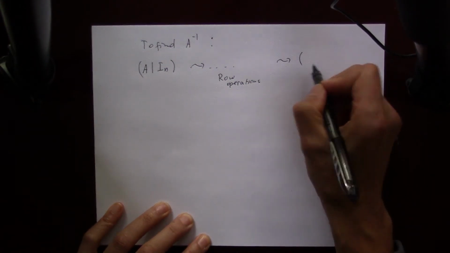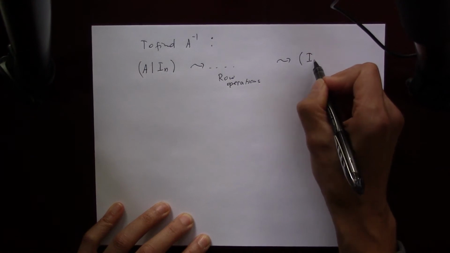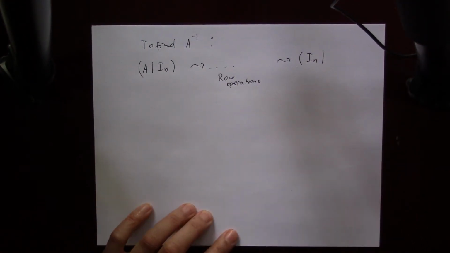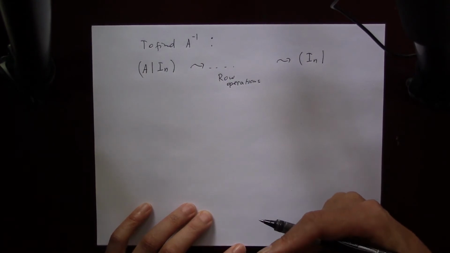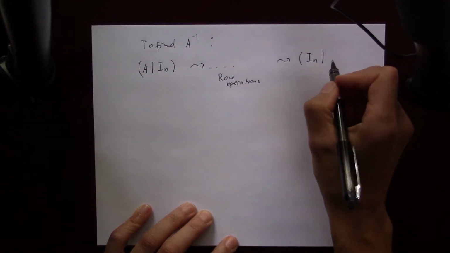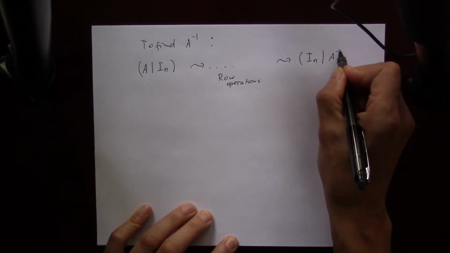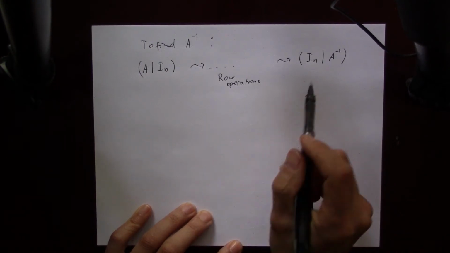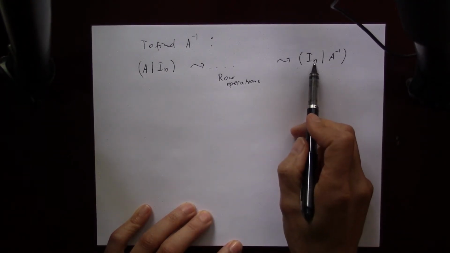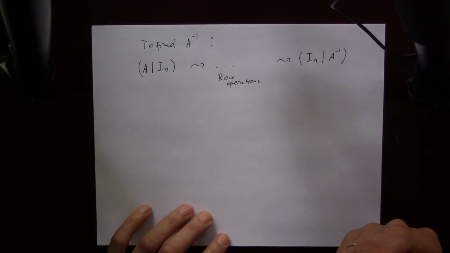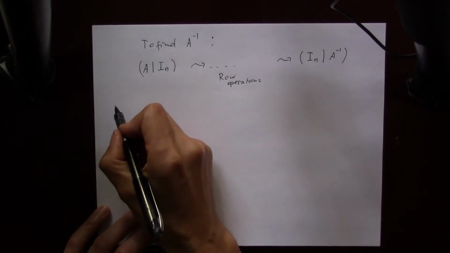Our goal is to get the identity matrix by doing row operations to A. If we succeed, then the identity matrix on the right becomes A inverse. If we cannot get the identity matrix by row operations from A, then A will not have an inverse matrix. So let me do an example or two.